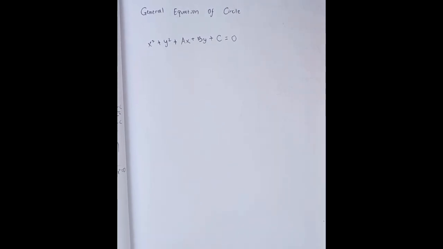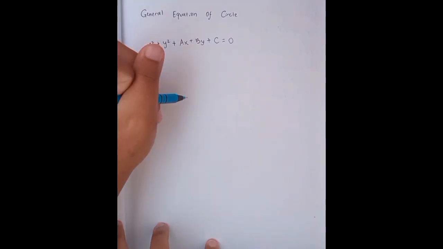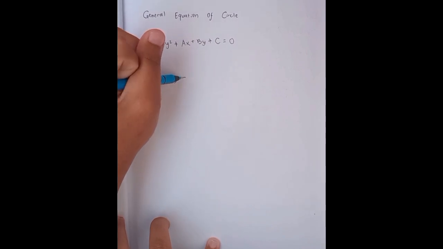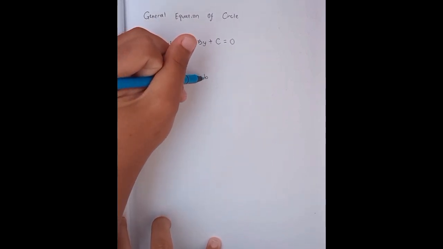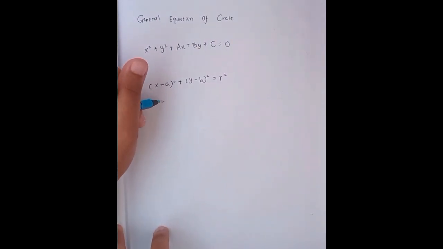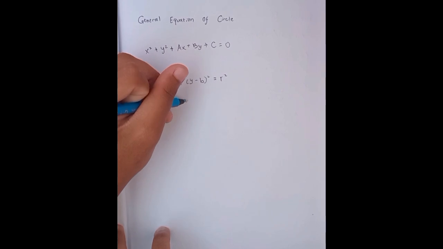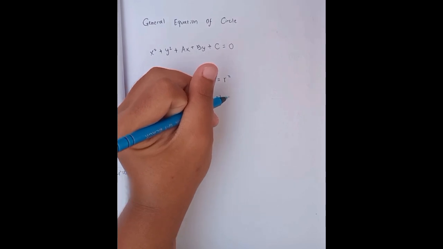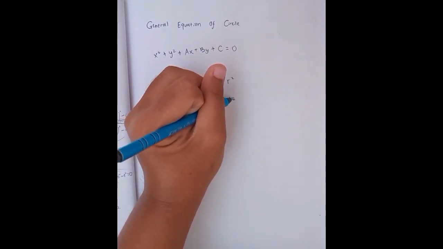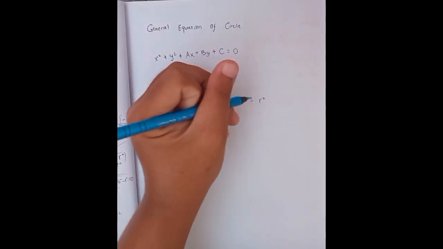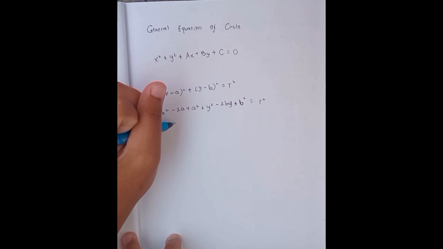General equation of circle, namely x squared plus y squared plus ax plus by plus c equals 0. Before that, we have the equation of circle with the center point at P (a, b), and we can expand this equation: x squared minus 2ax plus a squared plus y squared minus 2by plus b squared equals r squared.